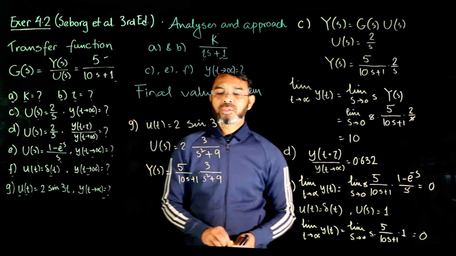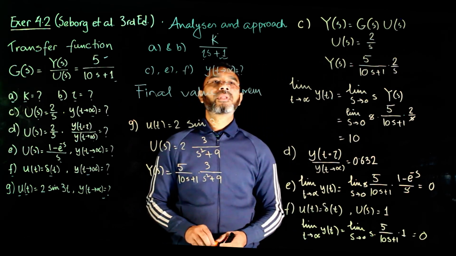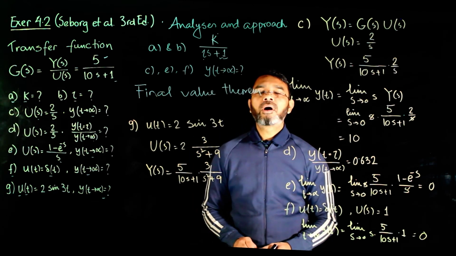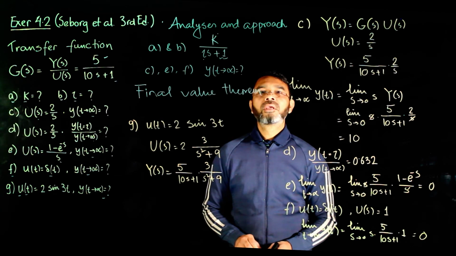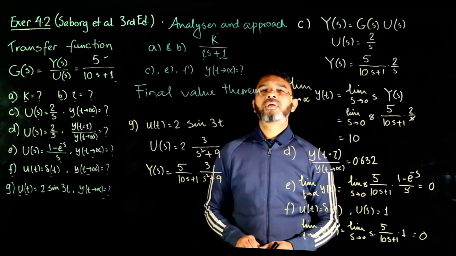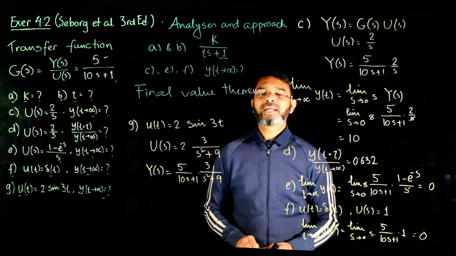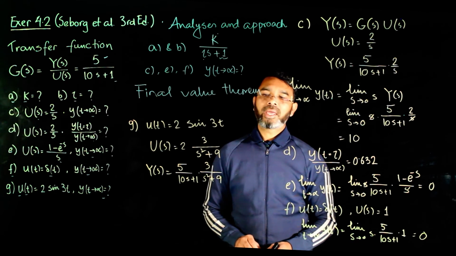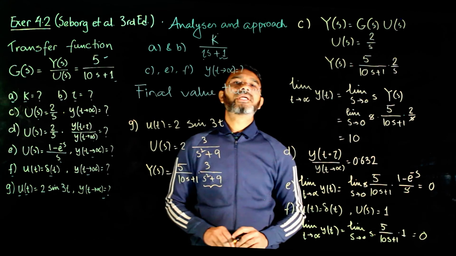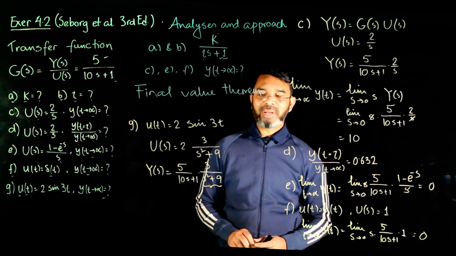Now for this case, we cannot apply the final value theorem, because the final value theorem is applicable for a function which has its poles strictly on the left half plane. For this case, we have this pole on the imaginary axis, so the final value theorem is not applicable.